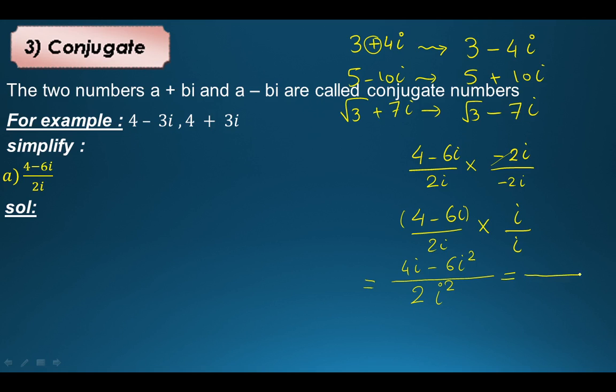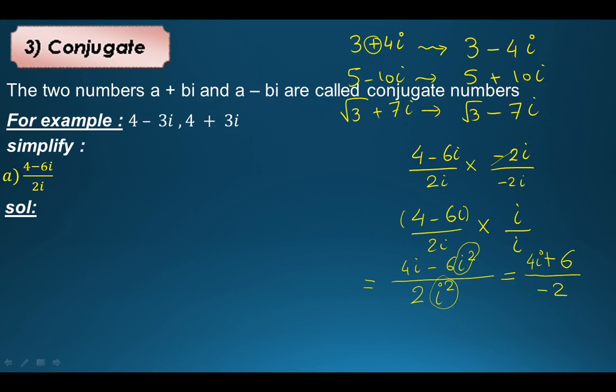In the denominator, i to the power of 2 equals negative 1, so 2 multiplied by negative 1 equals negative 2. In the numerator, we have i to the power of 2, which equals negative 1, so negative 6 multiplied by i to the power of 2 gives positive 6, and it will be 4i plus 6.